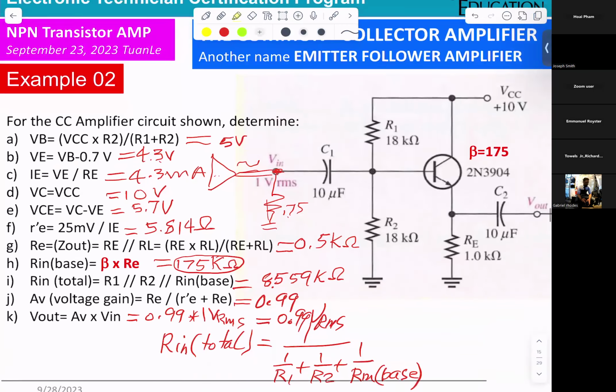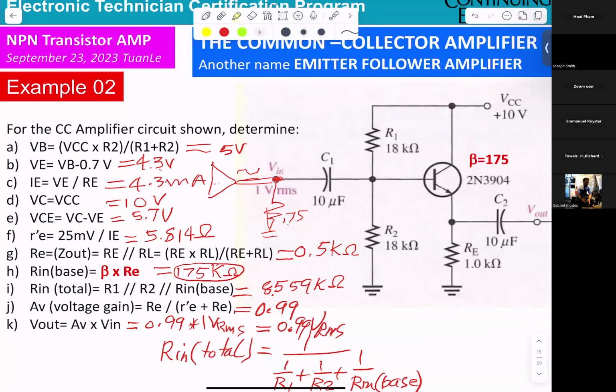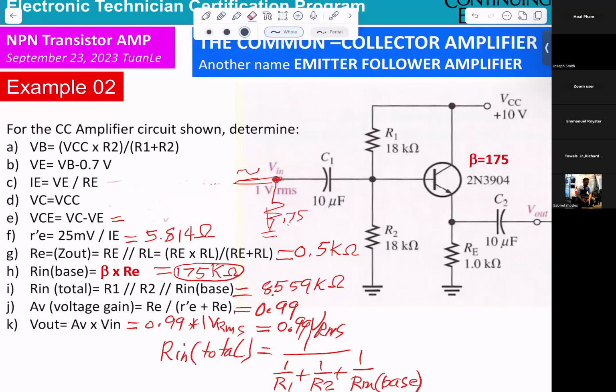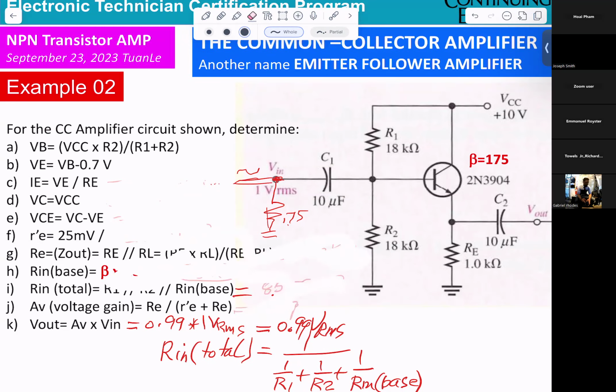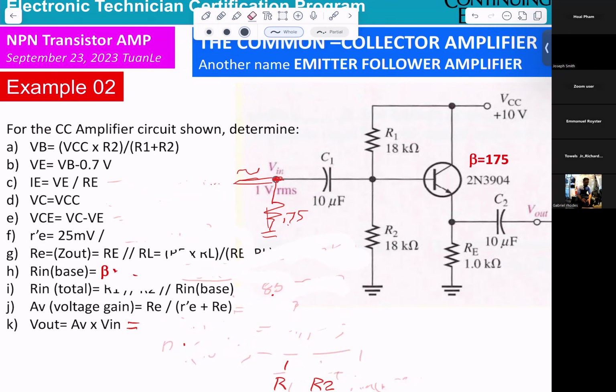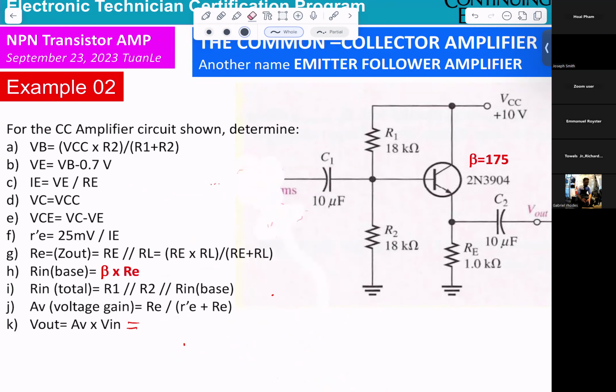And that will be an example for the CC amplifier.